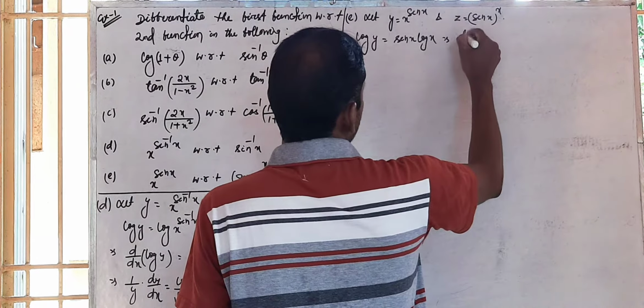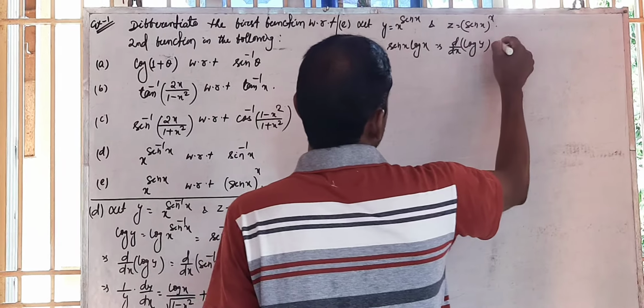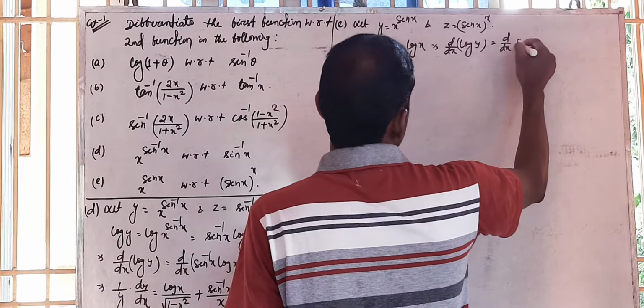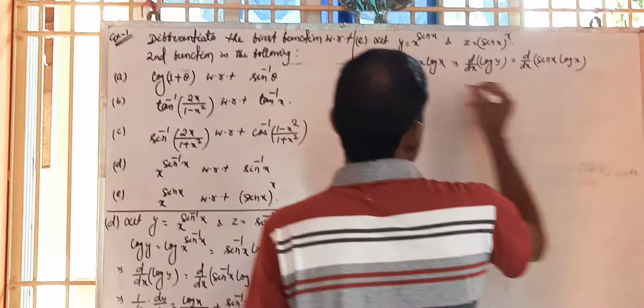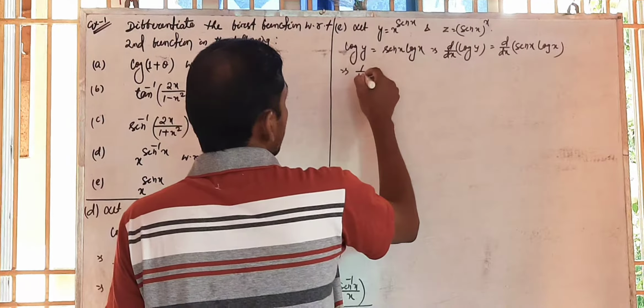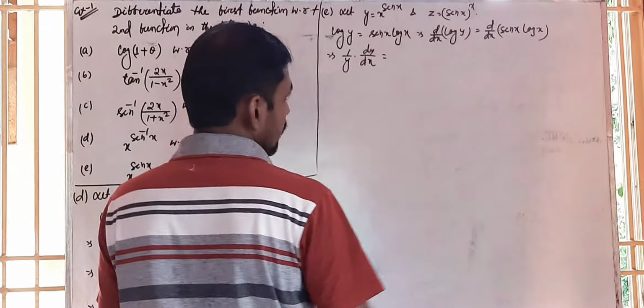Then differentiating both sides with respect to x, so d by dx of sin x log x. Left hand side is 1 by y into dy by dx.